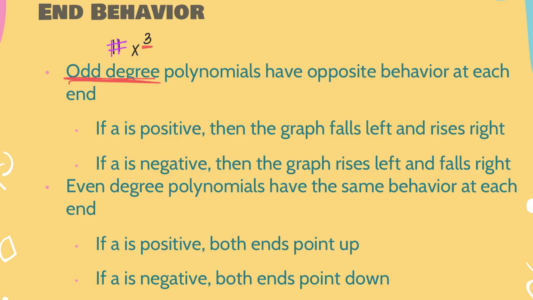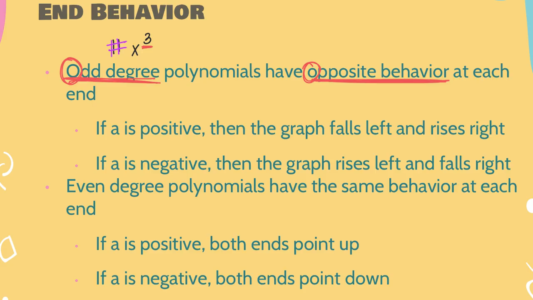That's where I'm getting that odd degree from. I'm looking at that first term, my highest exponent is odd, and what does that mean? My end behavior is going to be opposite. Think of O for odd, O for opposite, meaning it's going to go in different directions. One arrow is going to go up, one is going to go down, and vice versa.